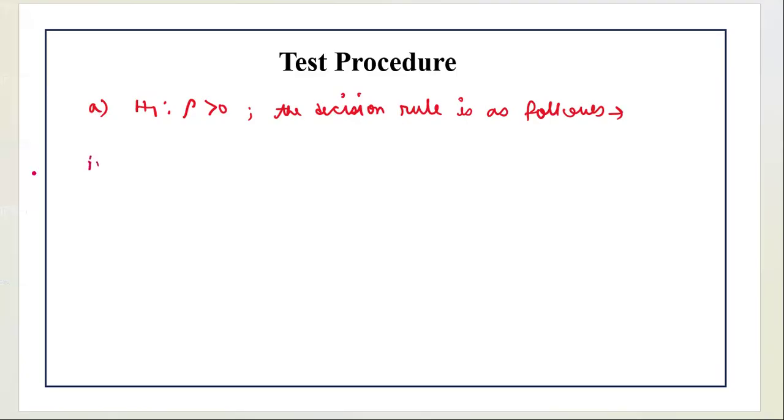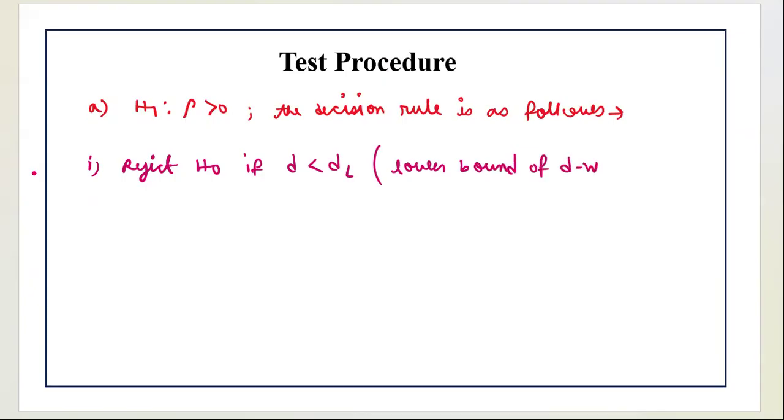What will be the decision rule? The first case would be to reject H naught if the D value is less than d_L, where this d_L is the lower bound of the DW statistic or the test.